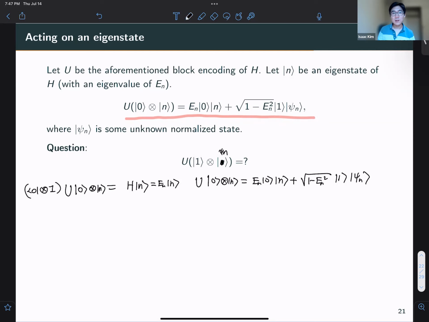And we can get an answer because we assume that the unitary squares to identity. So what we can do is simply apply the unitary U both on the left-hand side and the right-hand side. So let's see what happens then. On the left-hand side, I get U squared applied to 0 tensor n. And on the right-hand side, I get U applied to these things.